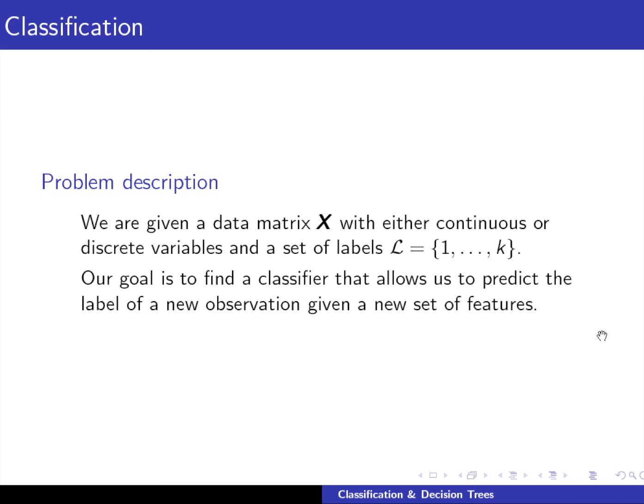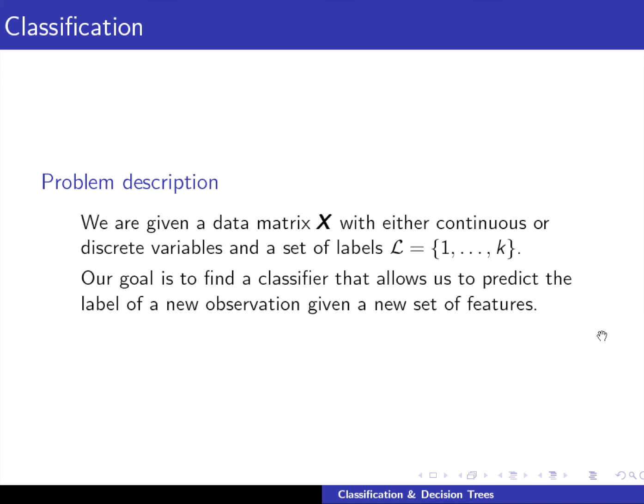Okay. All right, so in classification, what we'd like to do is take our data, which in this example I'm calling x, and we can have continuous or discrete variables. So for example, with the heart attack data on the patients, you could have weight measurements for each patient, and those might be continuous, and you could have age measurements, and those might be discrete.